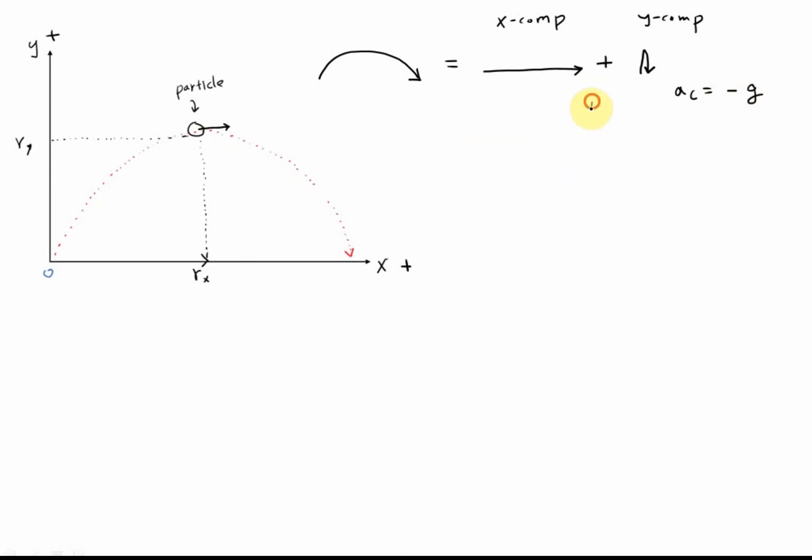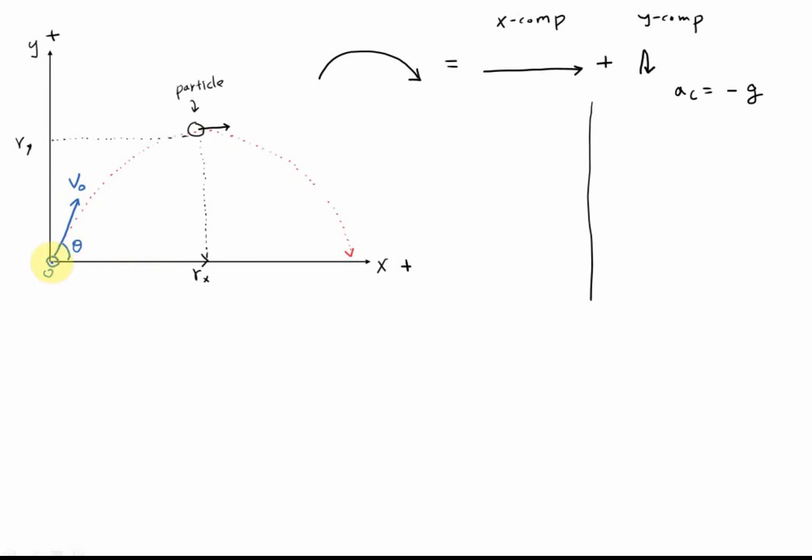So let me just break this down here. Let's apply the kinematic equations of motion. Let's assume that when you launch the ball, you launch it with initial velocity v0 and an inclined angle theta.